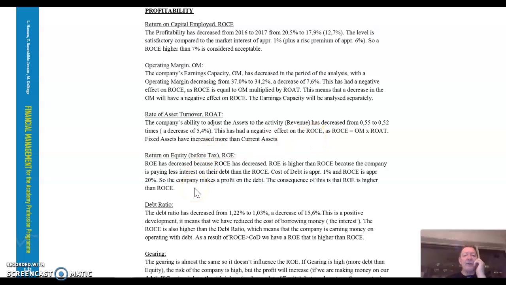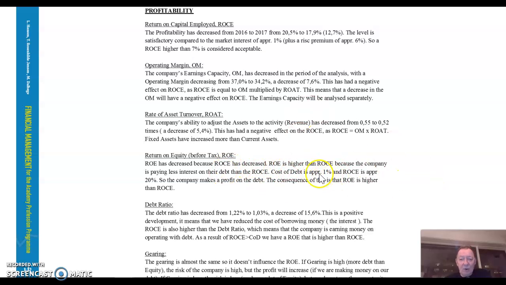Then the return on equity, and you have to explain what I said in part number 1. It decreases because the return on capital employed decreases, but it's closely related to return on capital employed, but also to cost of debt.